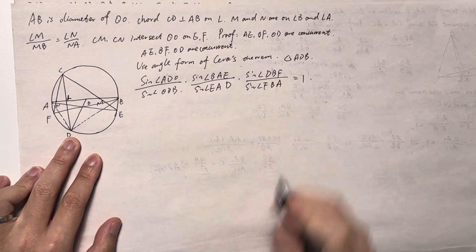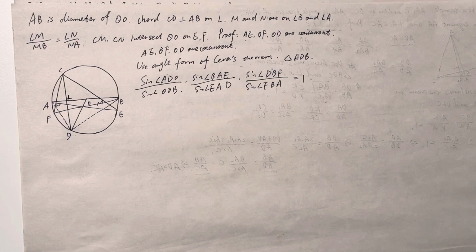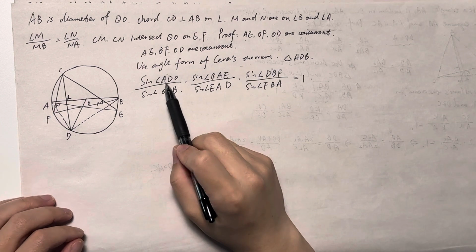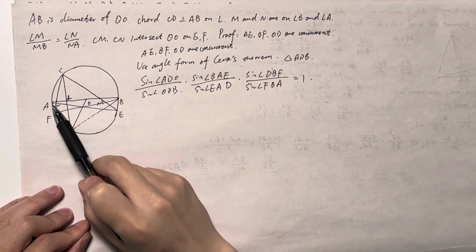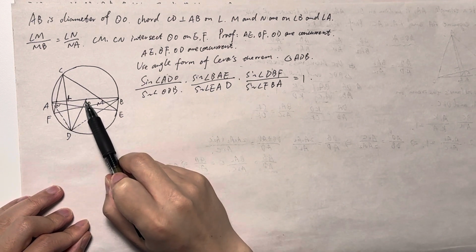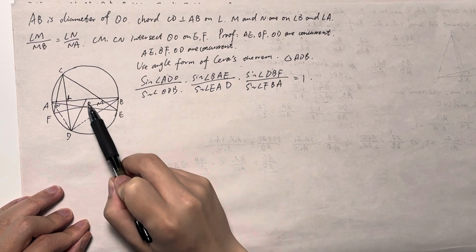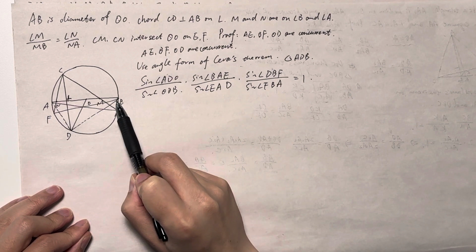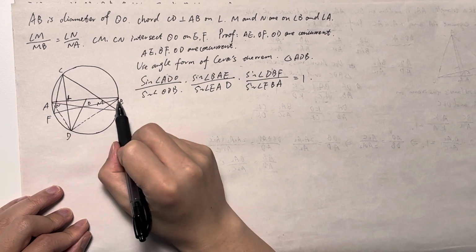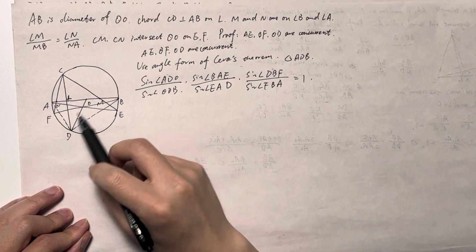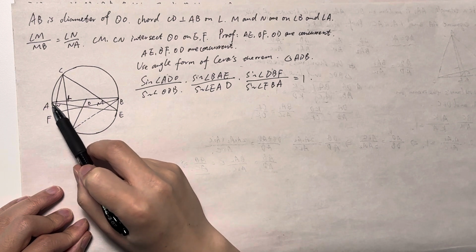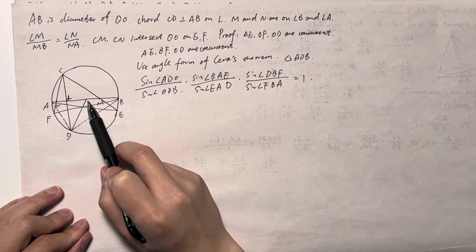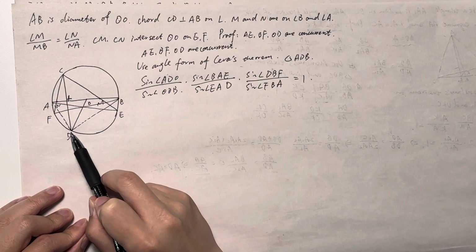We want to prove this. Now we look at the angle ADO and angle ODB. We know that AB is a diameter, so AO equals OD, which means the angle ADO equals angle OAD, right?